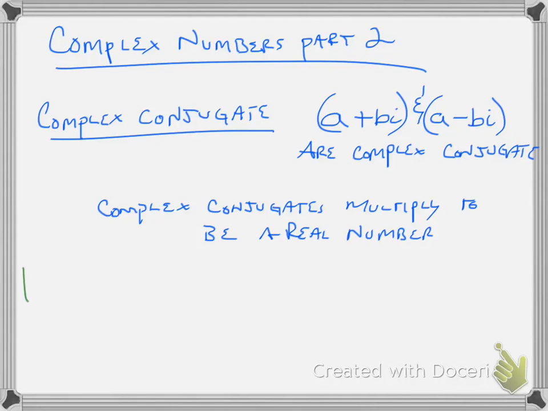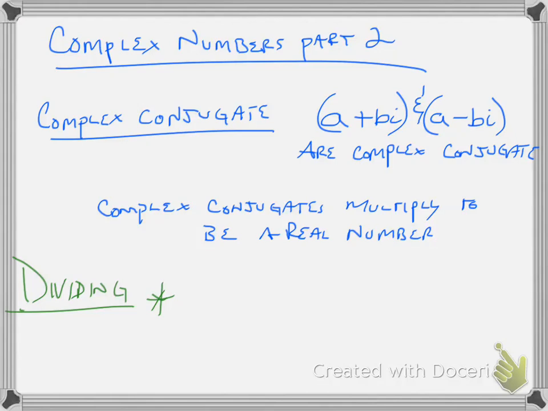So the next thing we're going to go over is dividing complex numbers. And when you have a complex number in the denominator, because there's an i in the denominator, that means there's a radical in the denominator. And you're not allowed to leave a radical, a square root, in the denominator of a fraction.